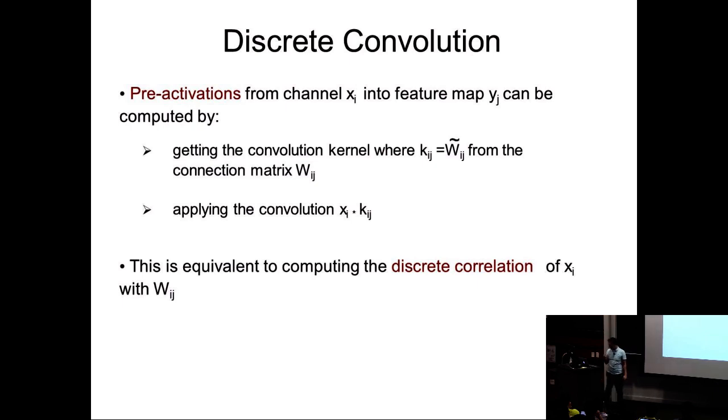So how can it be computed? The pre-activations from channel Xi, in case we're working with RGB images from a particular channel, into a feature map Yi or Yj can be computed by getting the convolutional kernel, which is the transpose of your parameters, from the connection matrix and then just applying the definition of the convolution. The reason sometimes people use that particular notation, which is W transpose, is because in many cases there are very efficient libraries where you can say convolve this matrix with this matrix.